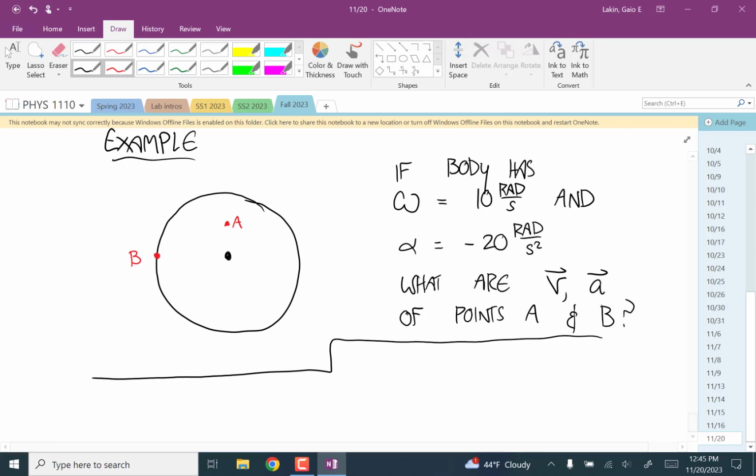I also have to give a radius of this circle. Let's say this is 0.2 meters.